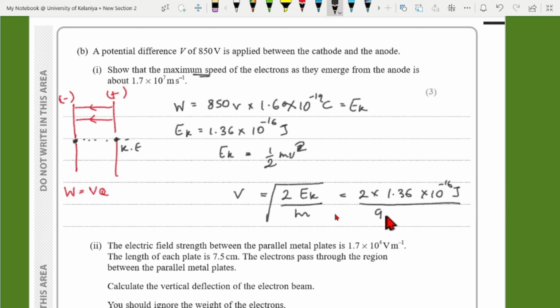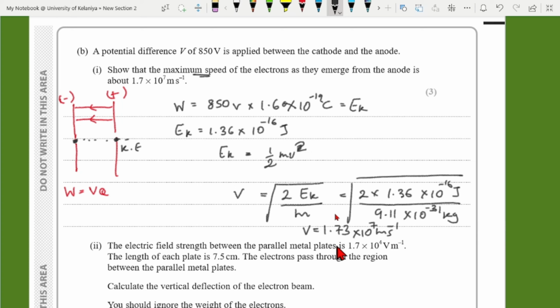What is the mass of an electron? It is 9.11 times 10 to the power minus 31 kilograms. If you simplify this, you will get 1.73 times 10 to the power 7 meters per second.